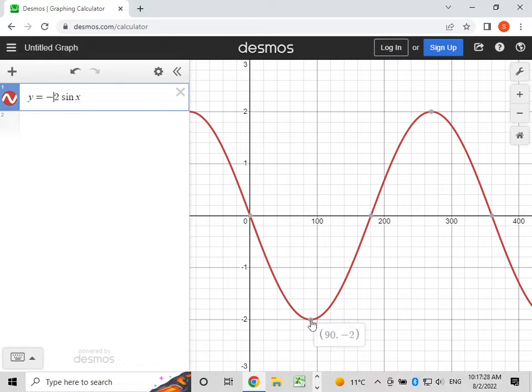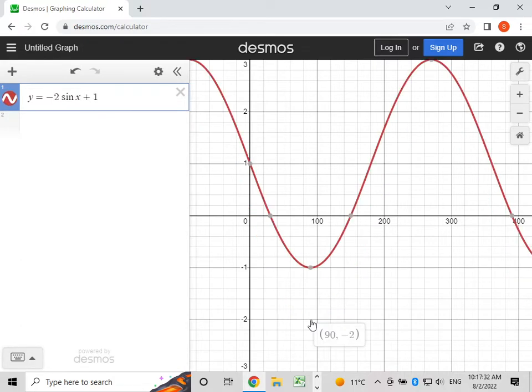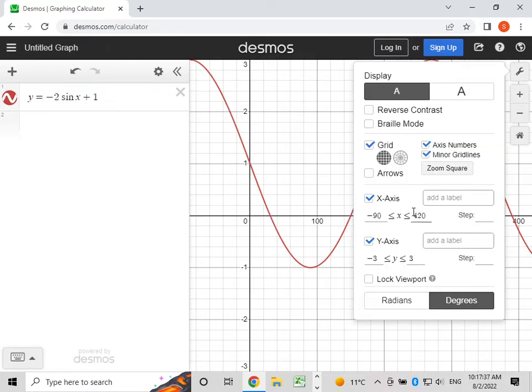I want to show you if the graph has been translated upwards.